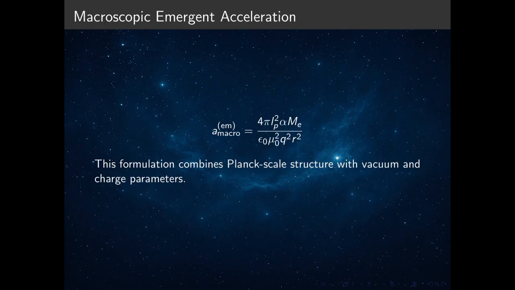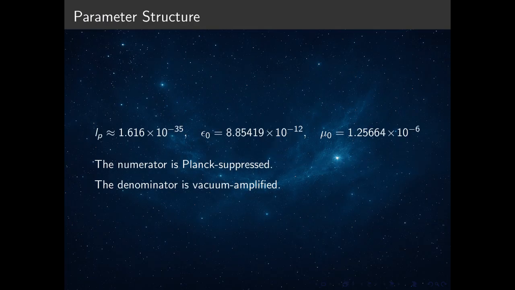Using macroscopic emergent acceleration, A macro EM equals 4 pi Lp squared A m_e over epsilon naught mu naught squared q squared R squared. Lp equals 1.616 times 10 to the minus 35, epsilon naught equals 8.85419 times 10 to the minus 12, mu naught equals 1.25664 times 10 to the minus 6.